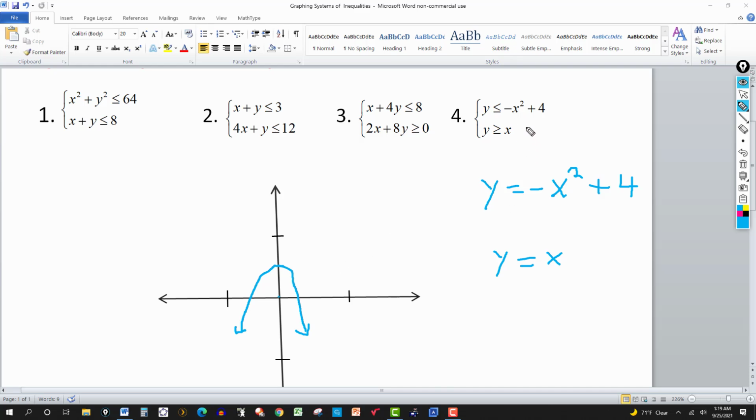So if I use 0, 0 as my test point, put a 0 there, a 0 there, that would tell me that 0 is less than or equal to 4. I get a true statement. So that would tell me that I shade everything within the parabola. So if I only had one inequality, the first one, the answer would be the parabola like this.